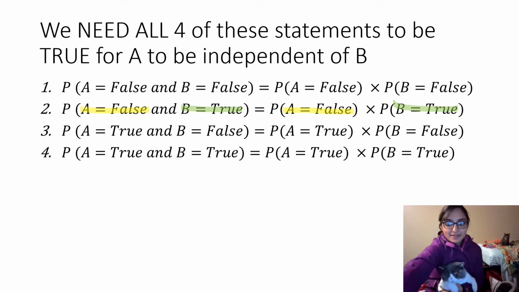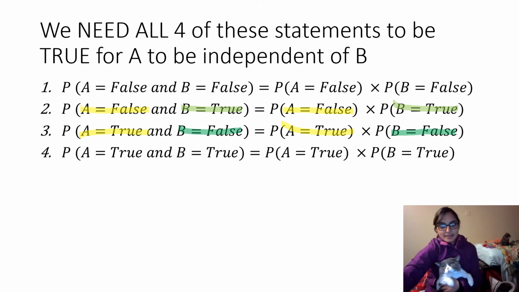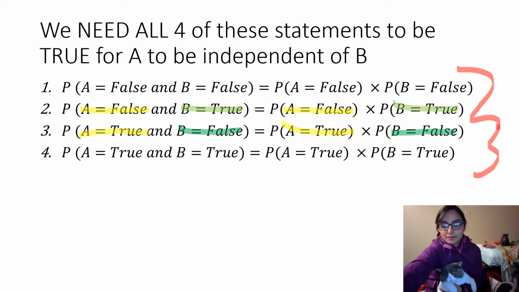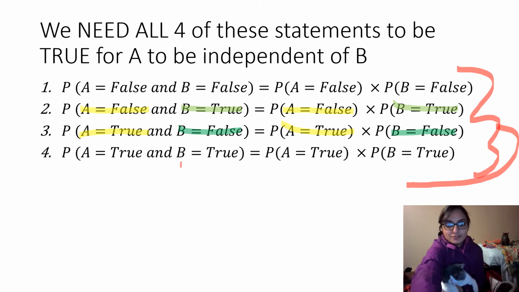Again, the same idea here. And then lastly, the probability A is true and B is true should be equal to the probability A is true multiplied by the probability B is true. So all four of these need to be true for A to be independent of B.